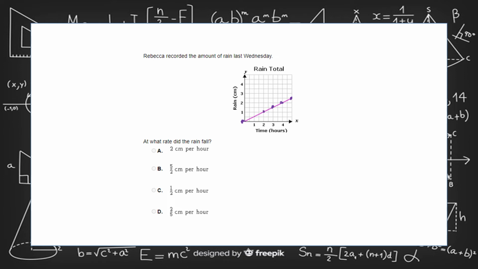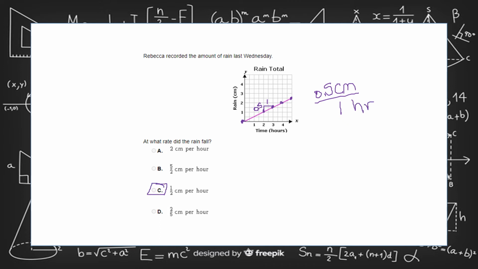Okay, so I could pick any of these and say, I'm going to rise 1, or this is 1/2, because each one of those lines is 1/2, and run 1. So 1/2 centimeters per 1 inch, or per 1 hour. Okay, so that one I would choose C.